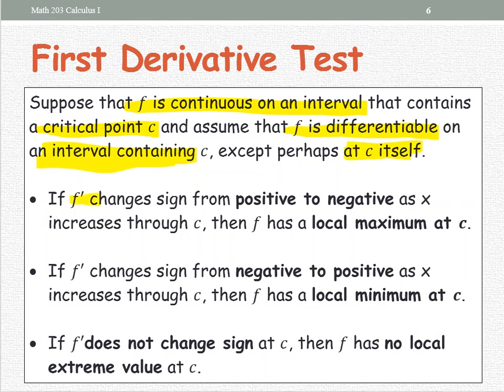If the sign of f prime changes from positive to negative, the graph contains a local maximum at the point c. If the derivative changes sign from negative to positive, or from decreasing to increasing, the graph contains a local minimum at the point c. In the case that the sign of f prime doesn't change, f doesn't have a local max or local min at the point c.